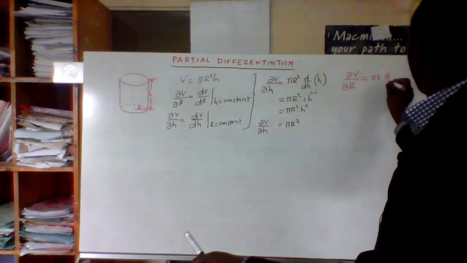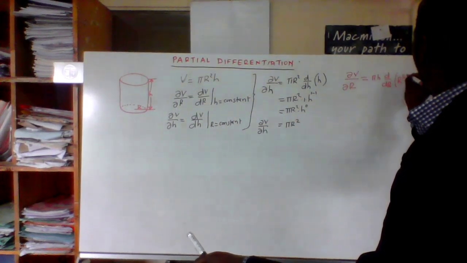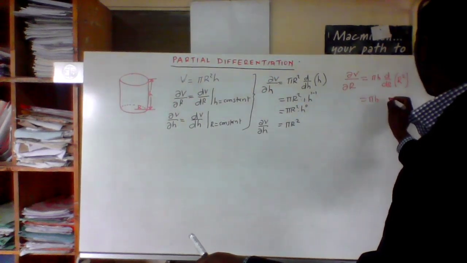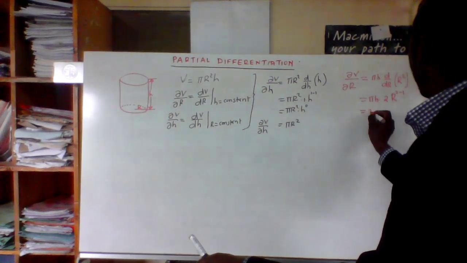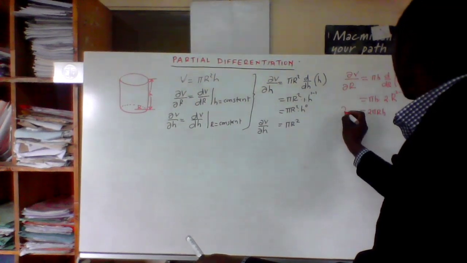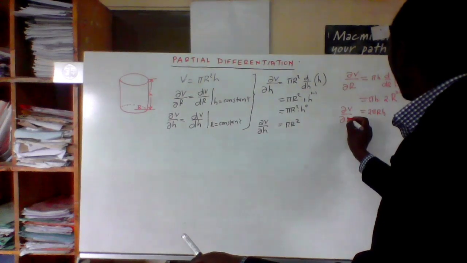We differentiate with respect to r. Our variable is r squared. So this gives us pi times h times 2 times r raised to 2 minus 1, giving us 2 pi r times h. That's the partial derivative of V with respect to r.